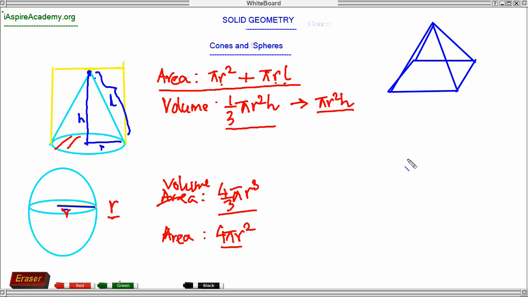Pyramids can also come in other shapes, because from a mathematical point of view a pyramid can have a base which is a polygon. So it can come with this sort of shape also, and you can have a pyramid like this.